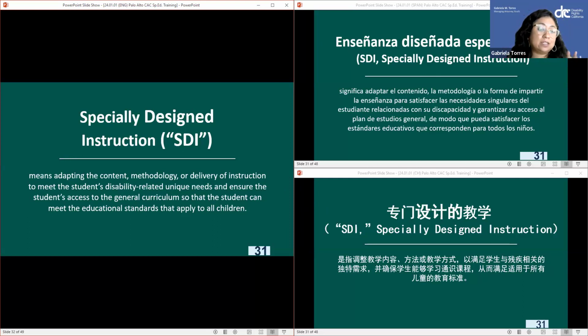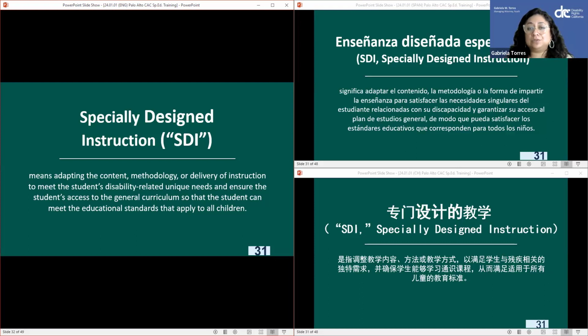And the IEP really is individualized because everything contained within the IEP is based on specially designed instruction. In practical terms, that means the instruction is tailored to a particular student.